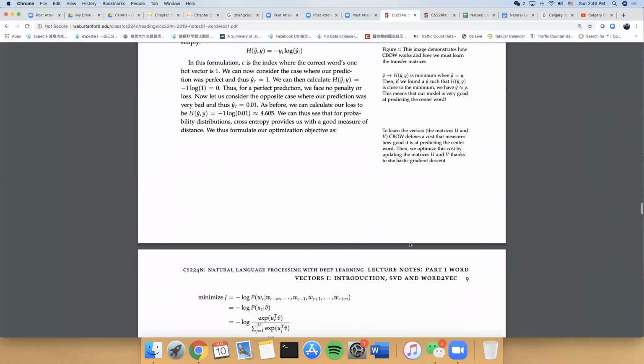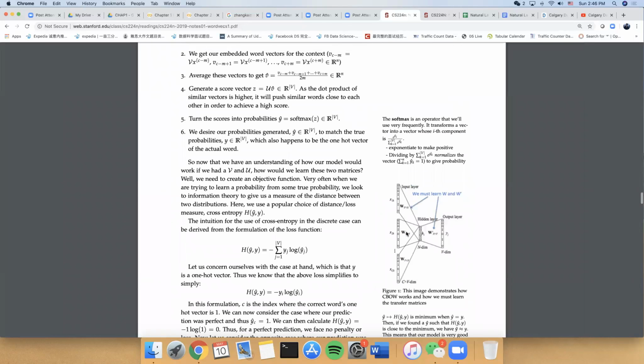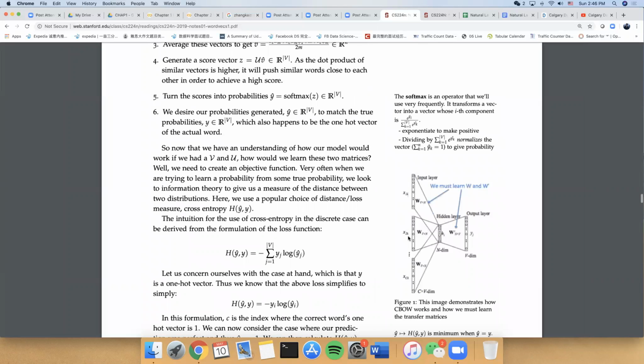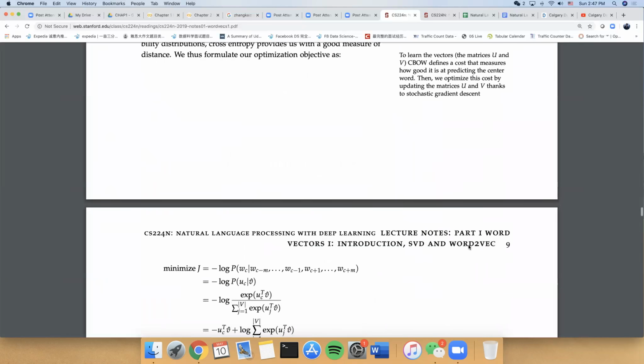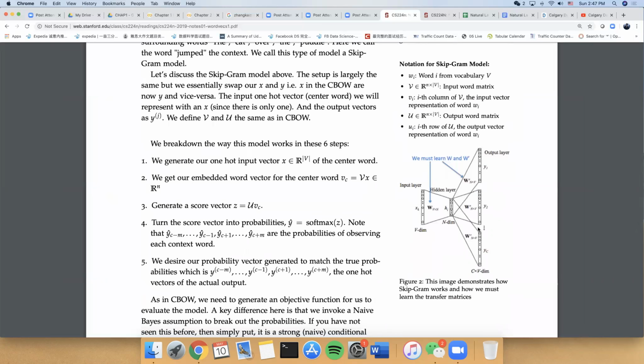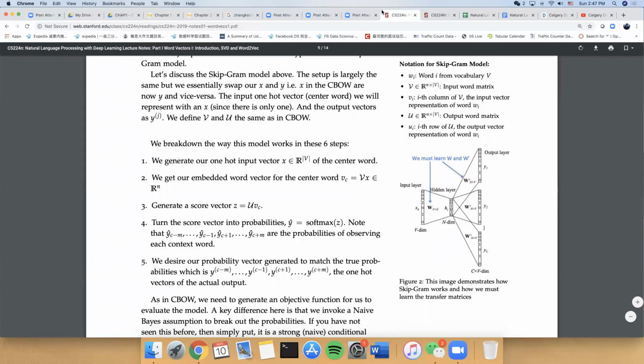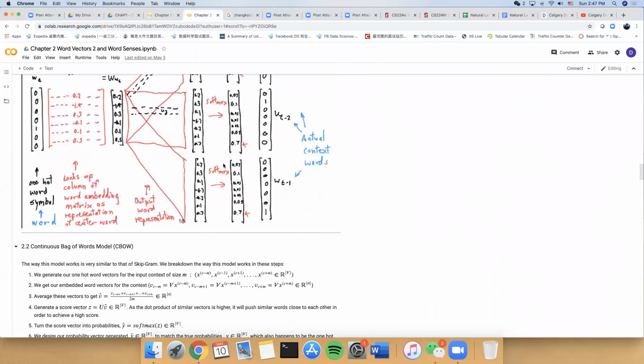But for the continuous bag of words, because you use context words to predict the center word, you're going to have a lot of 0s and 1s in one hot encoding to extract the specific context words. After that, it's all the same, as you can see here. Basically you reverse the order, multiplying one to many words or many words to one word. So I'm not going to repeat that part. Let's skip it.